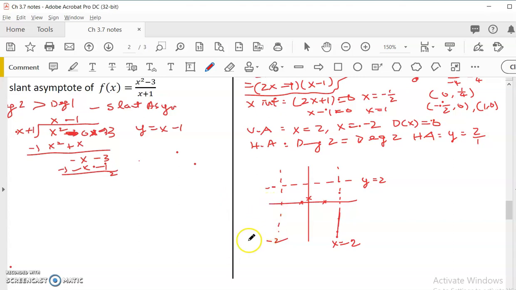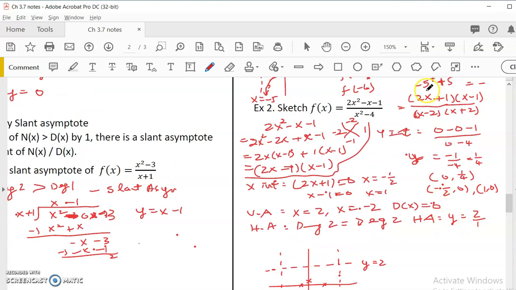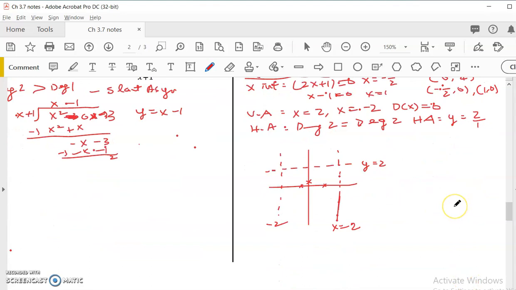What would the graph look like on this side? Usually we look at whether it goes to infinity or negative infinity, so let's plug into the formula. Our formula is 2x plus 1, x minus 1, and the bottom is x minus 2, x plus 2. Let's consider what happens at negative 2 on the negative side, like negative 2.1.